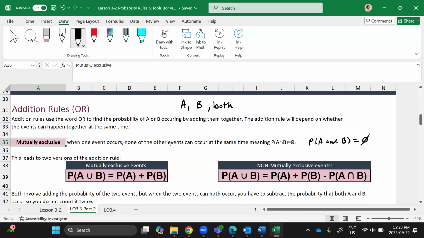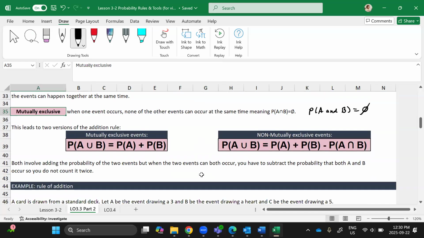The reason that this is important is because if you do have mutually exclusive events, then the probability of A or B occurring is simply probability of A plus probability of B. However, if you have events that can happen at the same time, another way of saying that is non-mutually exclusive, then the probability of A or B is probability of A plus probability of B minus the probability that they happen together.